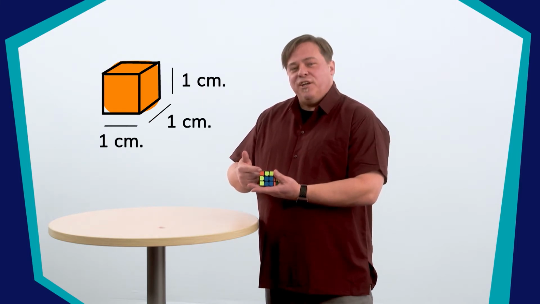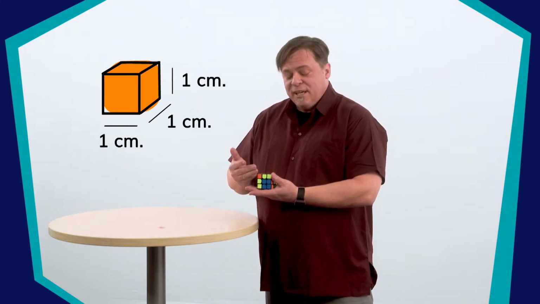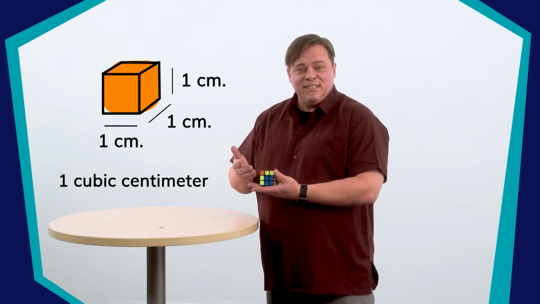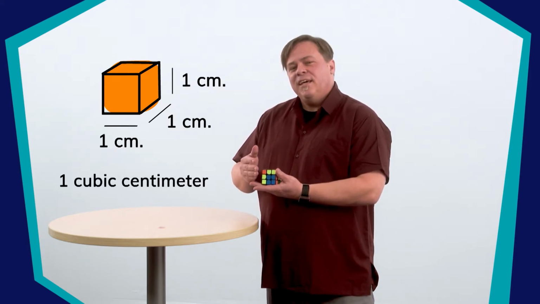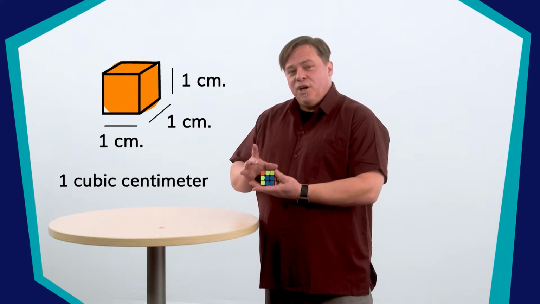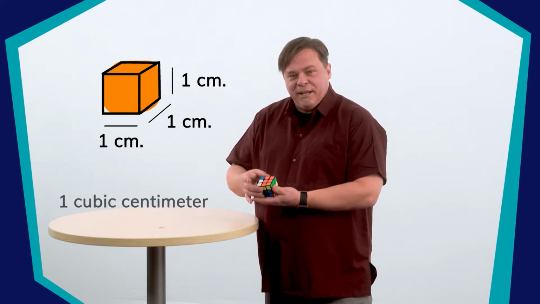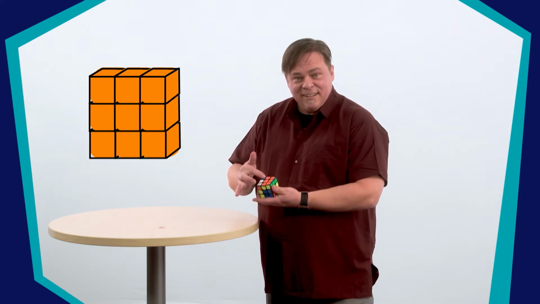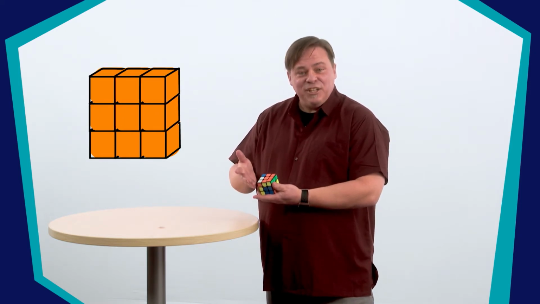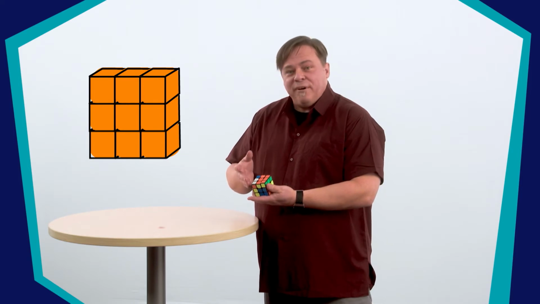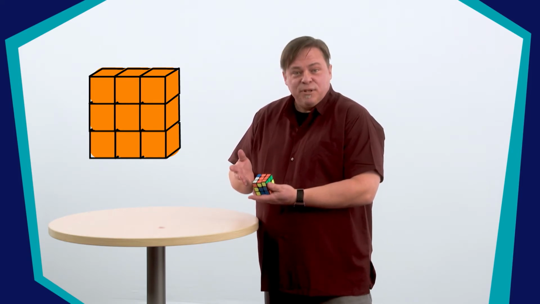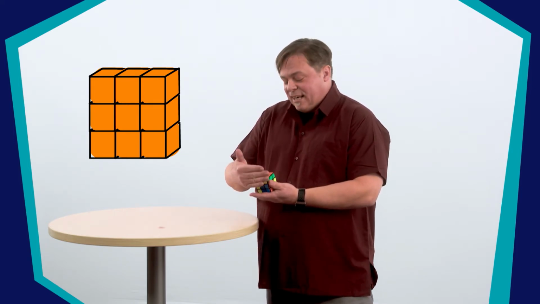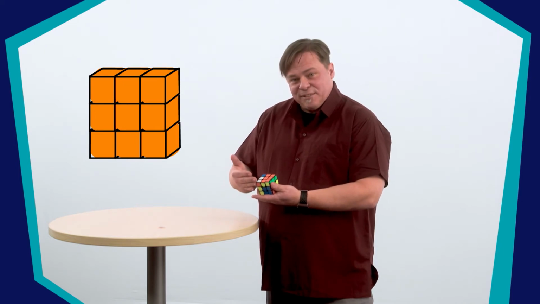That means the volume of one of the small cubes is 1 cubic centimeter. If that's the volume of 1 cube, we know that a side is made up of 1, 2, 3, 4, 5, 6, 7, 8, 9 cubes. 9 multiplied by 1 is 9. So one side is 9 cubic centimeters.